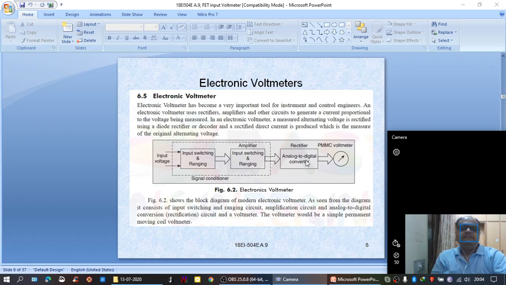It is basically a rectifier. Then it is given to a PMMC movement. So it mainly consists of a signal conditioner, a rectifier, and a measuring instrument.